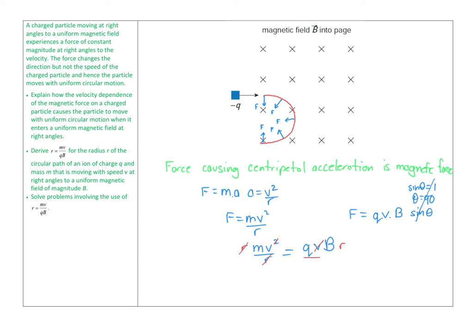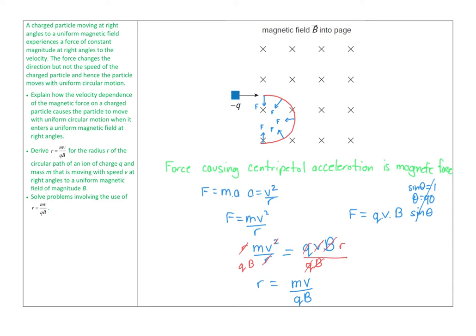And then let's divide both sides by qb. Whatever we do to one side, we've got to do the other. So q and q cancel, b and b cancel. And that leaves us with r equals mv on qb as required.